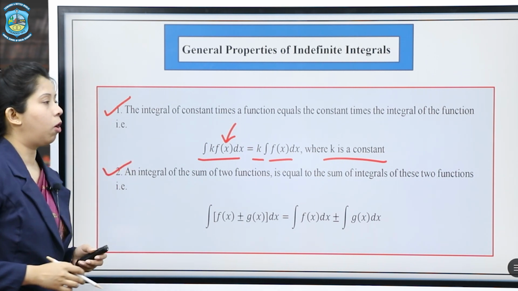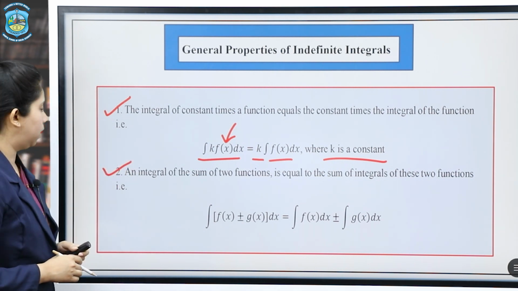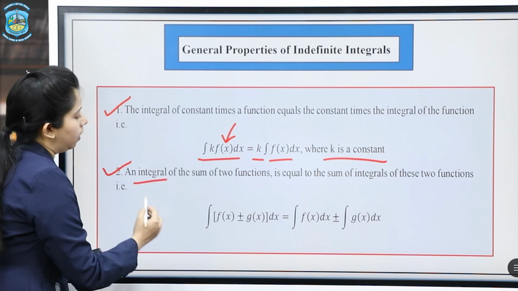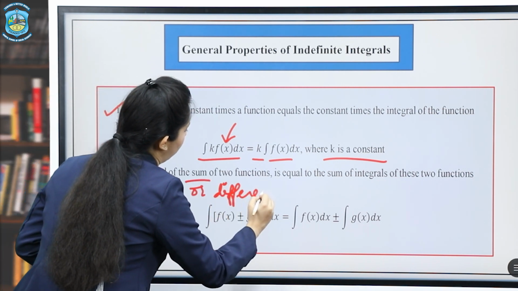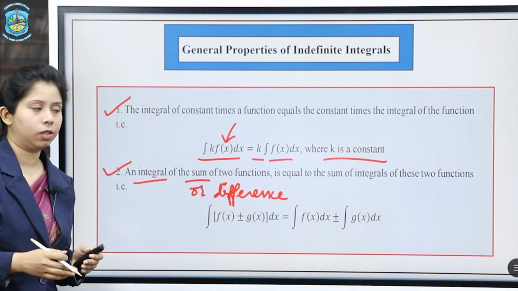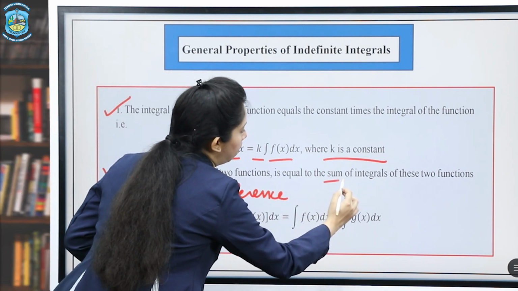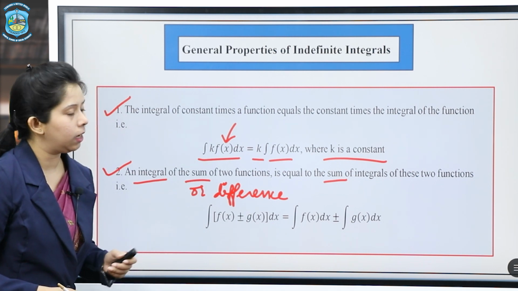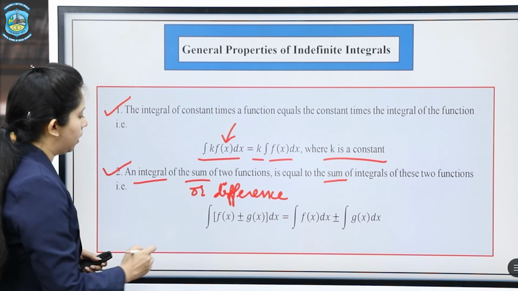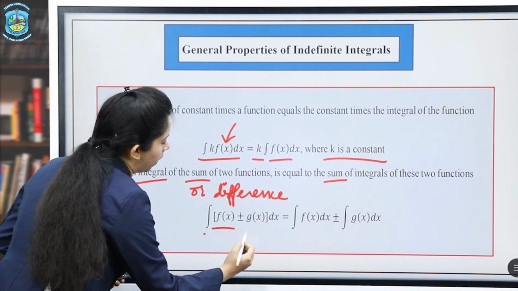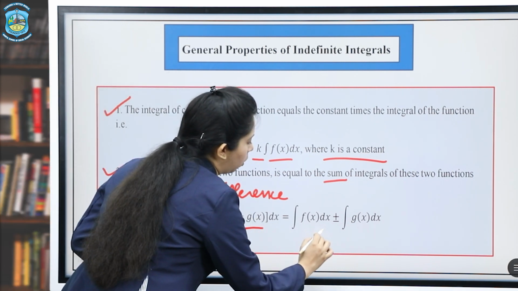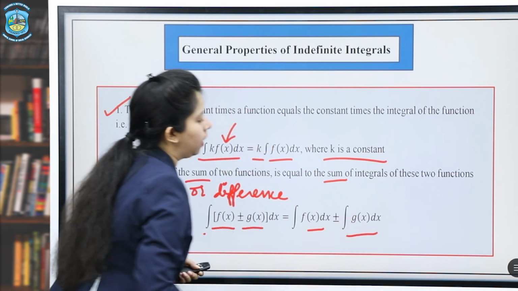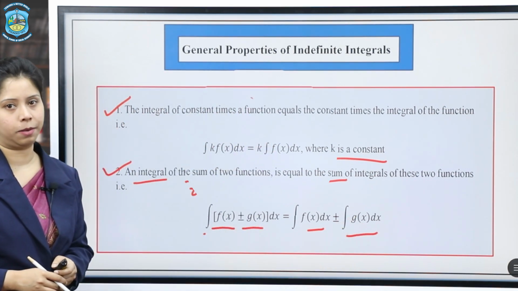The second property is that the integral of the sum or difference of two functions is equal to the sum or difference of the integrals of the two functions. That is, integral of f of x plus g of x dx is equal to integral of f of x dx plus integral of g of x dx.